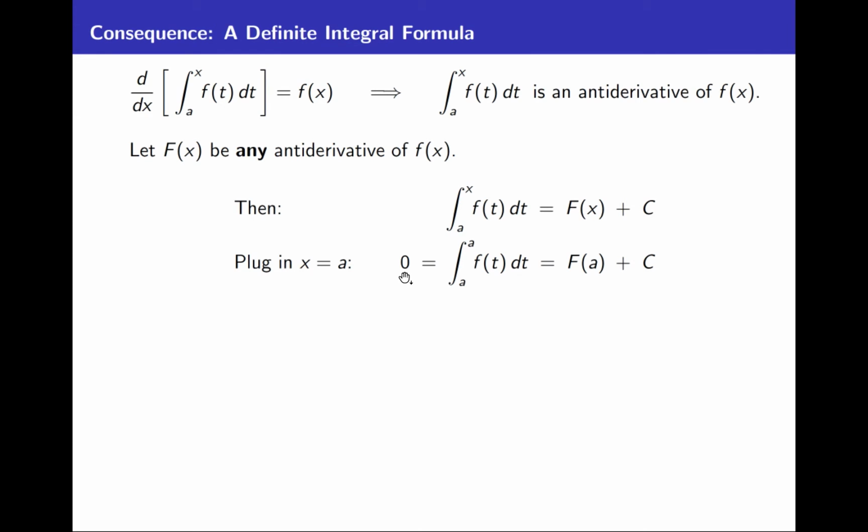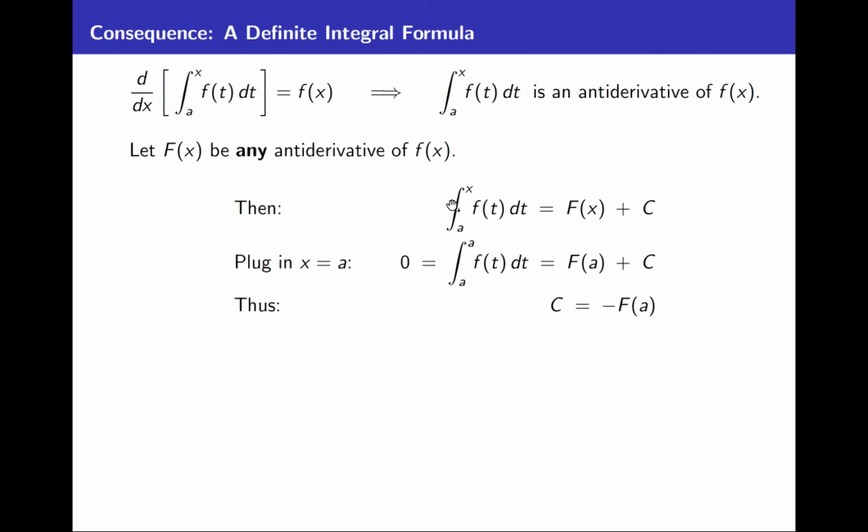So we have here an equation, 0 equals big F(a) plus c. Now, that would actually tell you what c is equal to. If 0 equals big F(a) plus c, then c would have to be equal to negative big F(a). Just solve the equation 0 equals big F(a) plus c for c, and you get c equals negative big F(a).